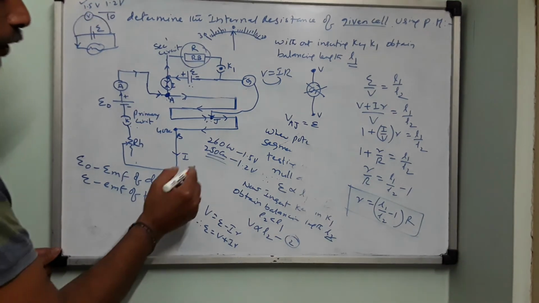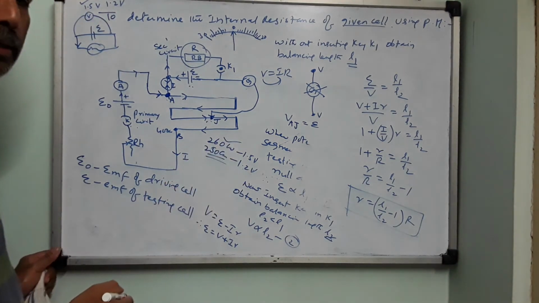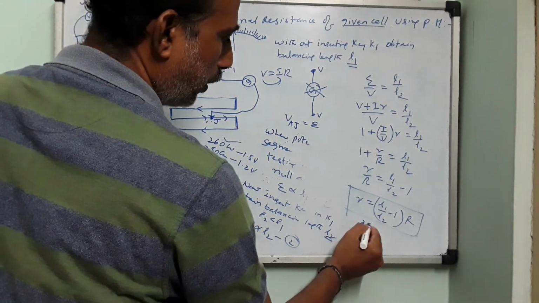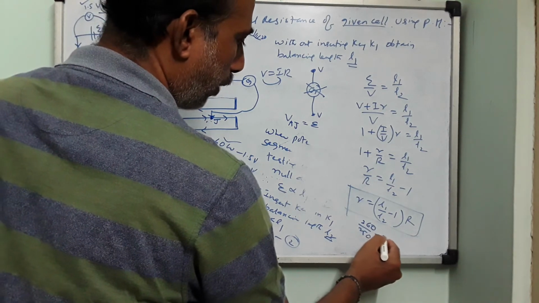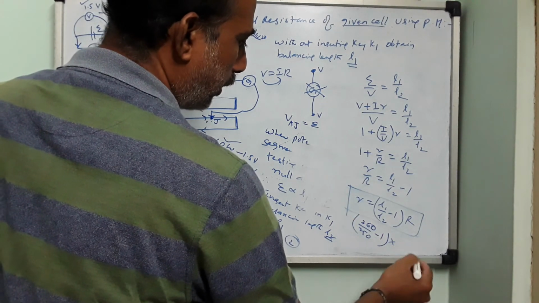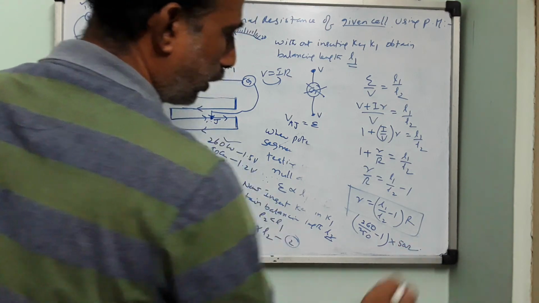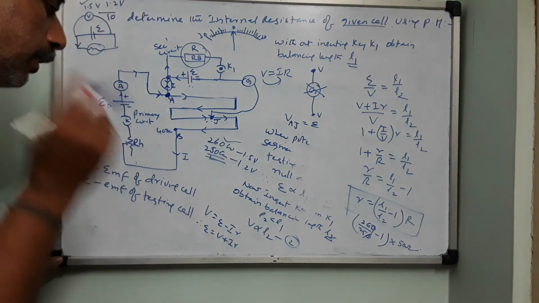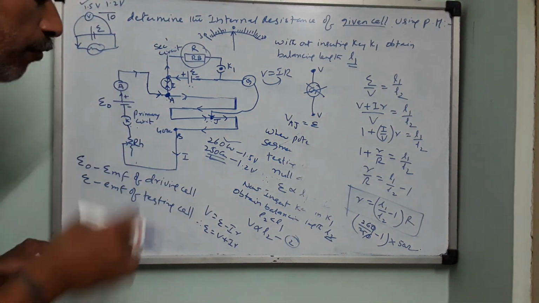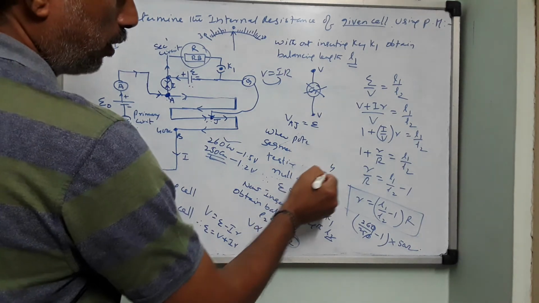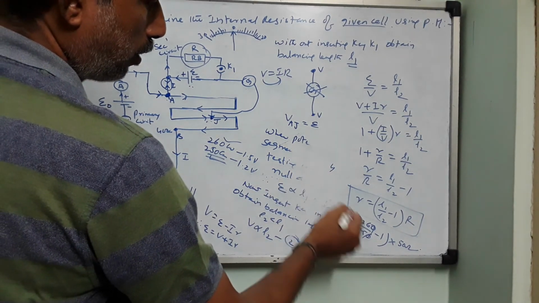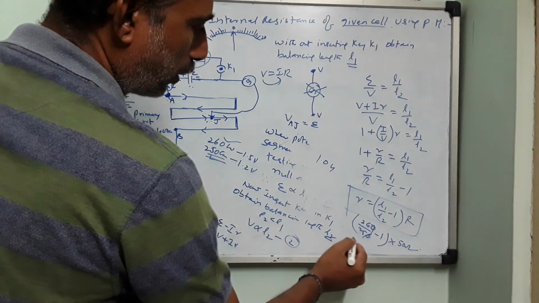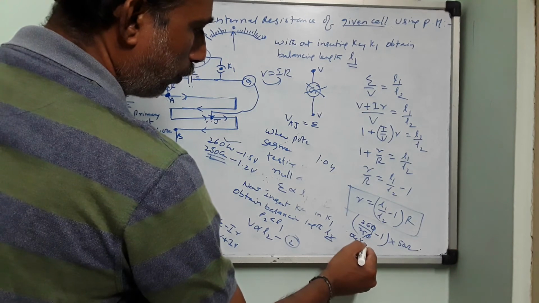So the initial balancing length is 260 centimeter and the final balancing length is 250 centimeter. So this is 260 divided by 250 minus 1, multiplied by R, where R is some 50 ohm or 10 ohm, anything you keep here. So this 0 will cut here. 26 by 25 is nothing but 104 by 100, that is 1.04. 1.04 minus 1 is 0.04 into 50.